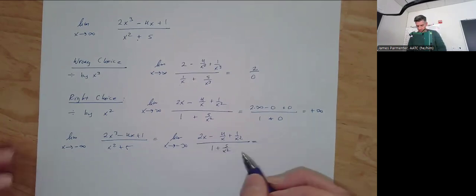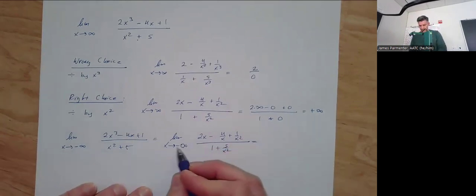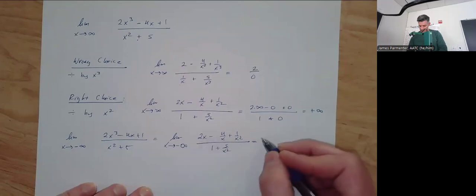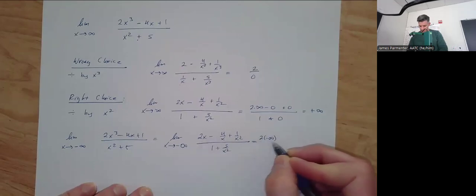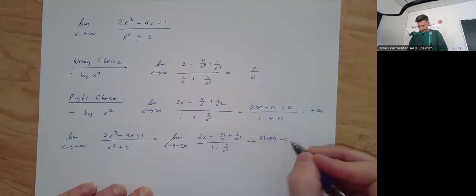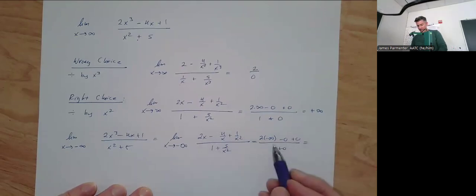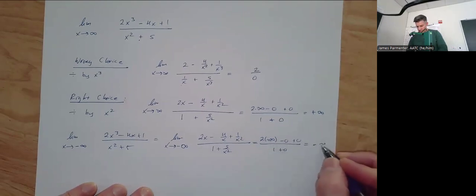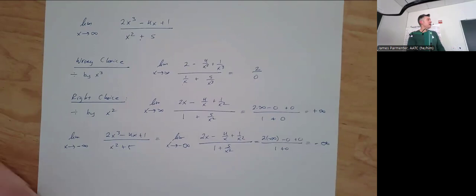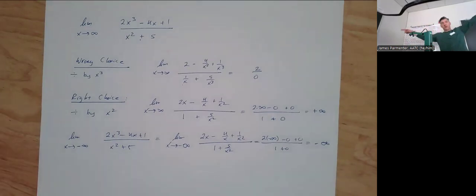And look what happens here. As x is getting negatively large, we get 2 times a big negative number minus 0 plus 0, over 1 plus 0. So in this case, we get negative infinity as our result. Meaning this graph, as you go to the right, goes up, and as you go to the left, goes down.